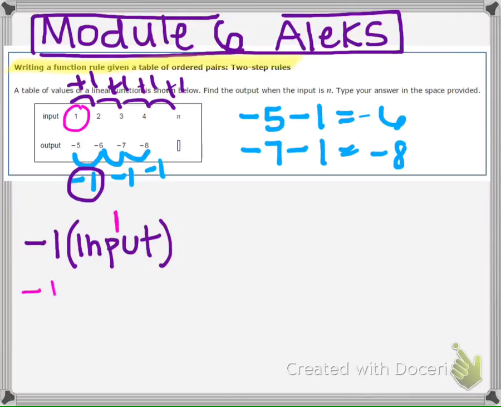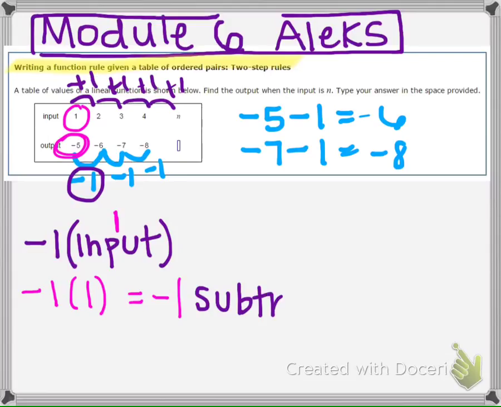So -1 times 1 is -1, but it needs to be -5. So if I were to then subtract 4, let's see what happens. If I take the input and then subtract 4, I would get that -5.